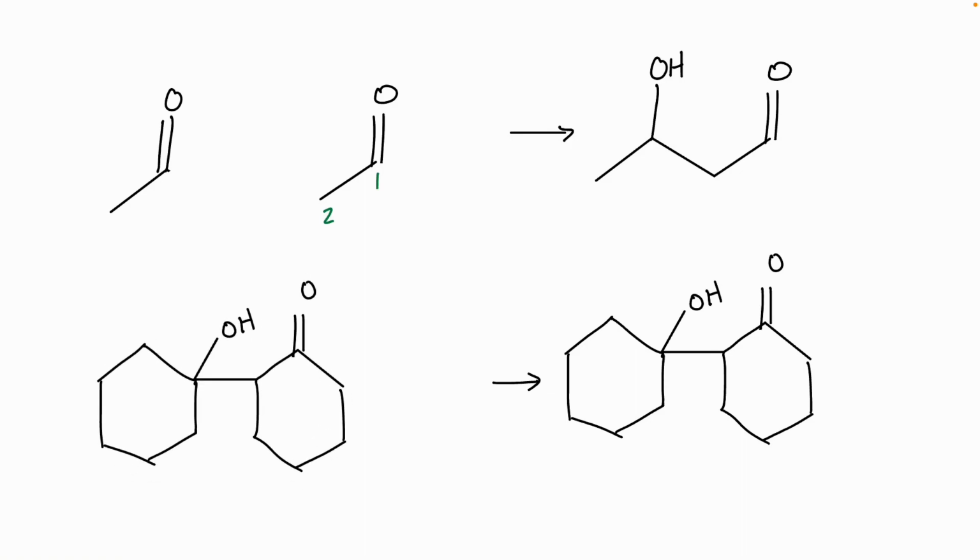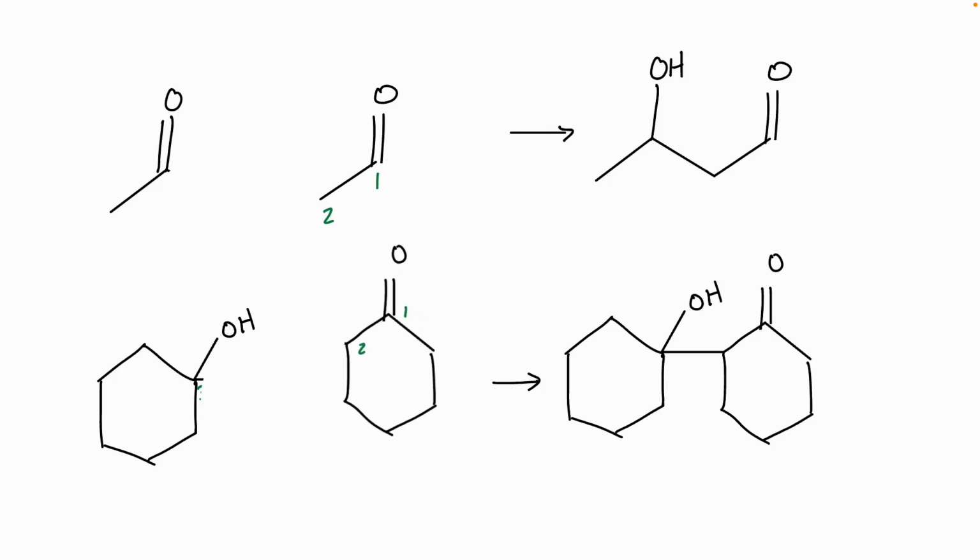So same name of the game here. I'm going to identify my new bond by counting from my carbonyl carbon over to my alcohol carbon. That means that new bond is right in the middle there. So if I go ahead and break that, I get my one chunk here.